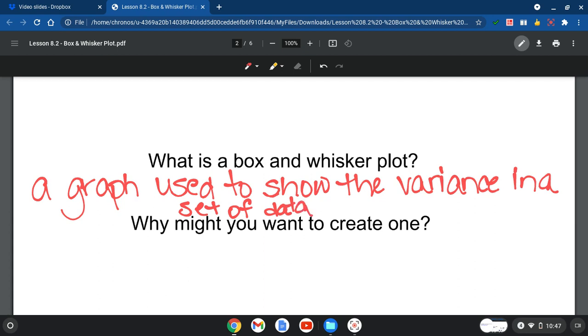Why might you want to create a box and whisker plot?